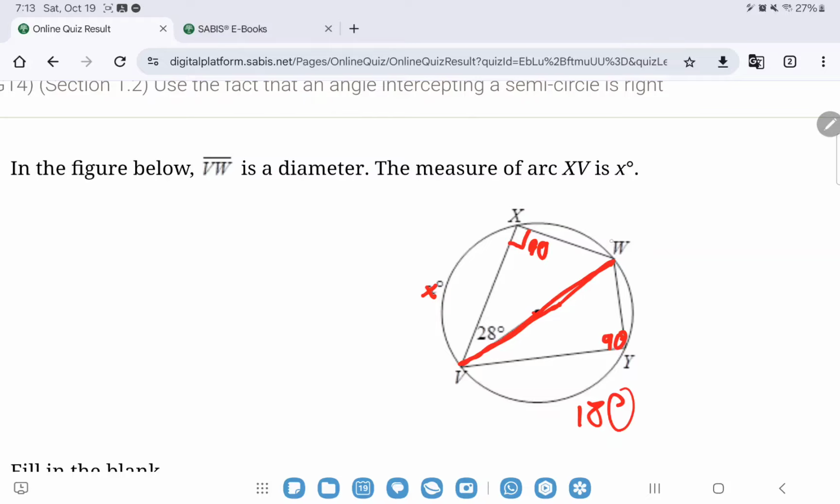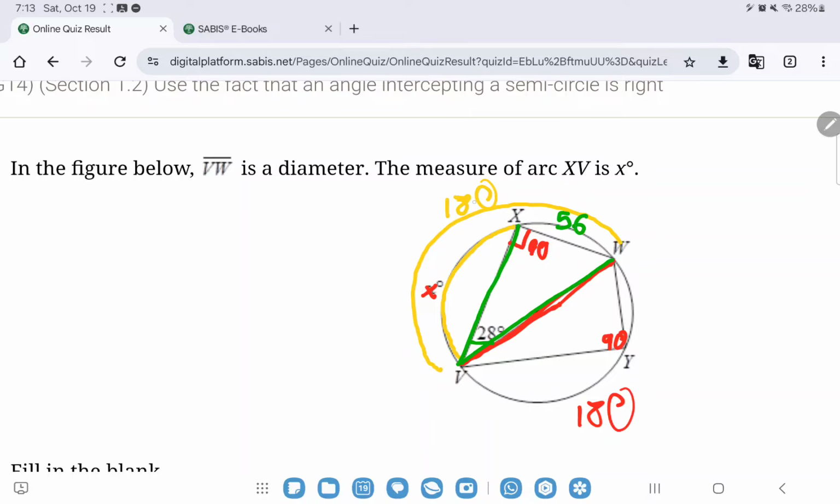So if this is 90, then this whole thing here is 180, the whole arc. Now we need x, which is only a part of the arc. So what we need to do is find this part. We know that this small part is forming an angle with this. So this arc here equals 2 times 28, and 2 times 28 is 56.